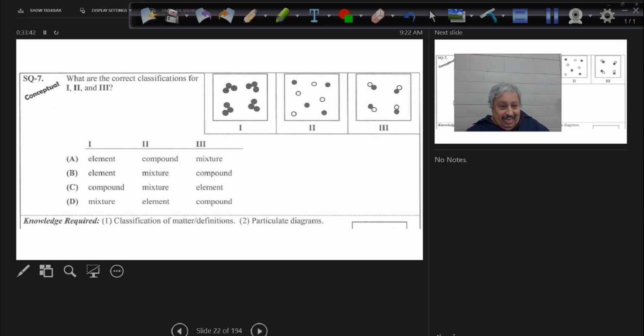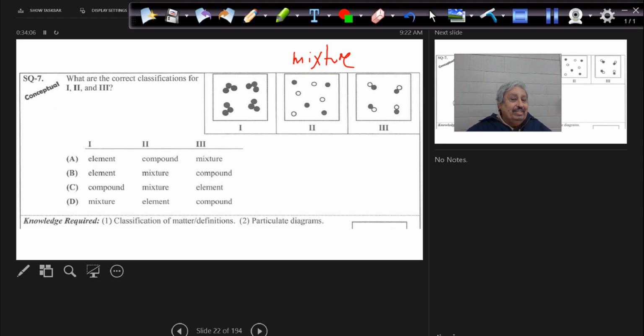That's option A. 3 is mixture. That's not correct. 3 is not mixture. Where is the mixture? This is a mixture, correct? Guys, here, look. This is what? Mixture, correct?